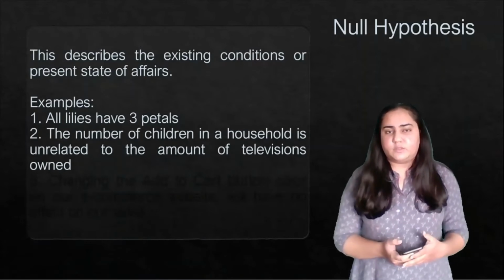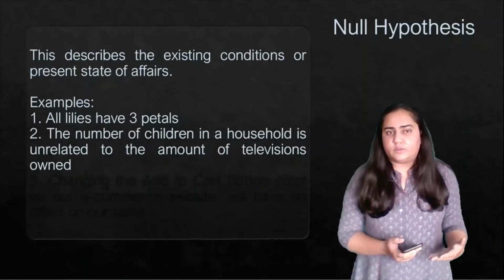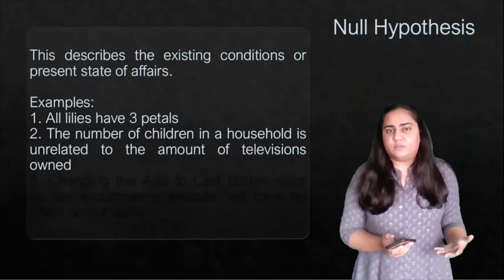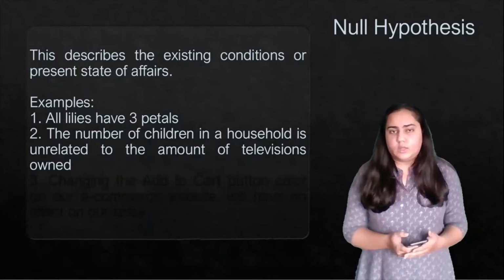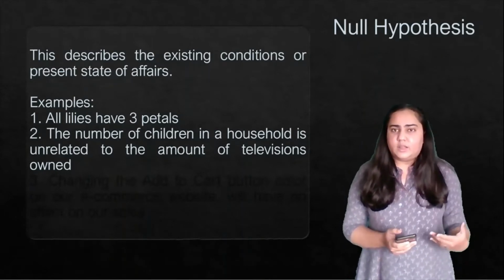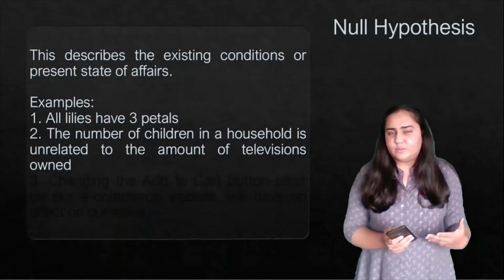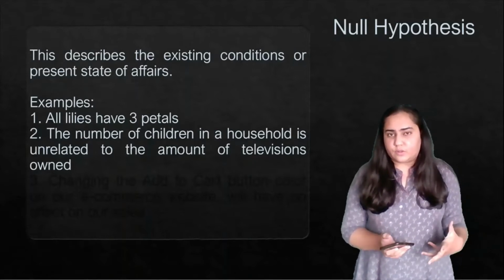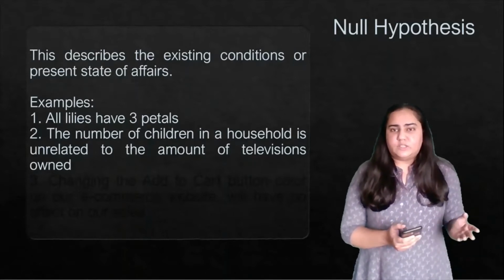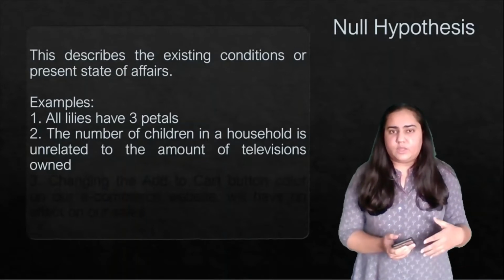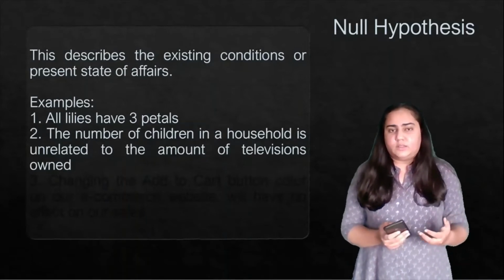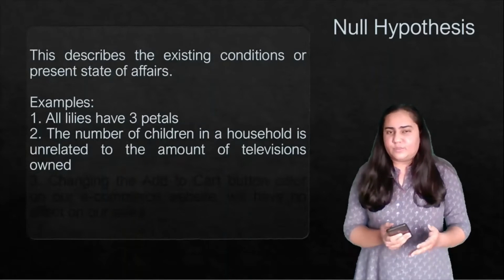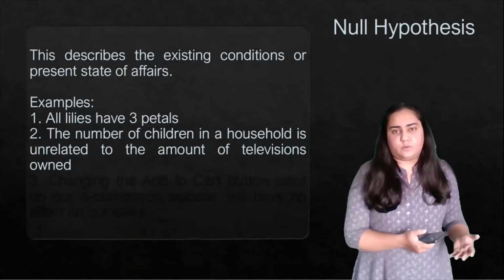The second example is, the number of children in a household is unrelated to the number of televisions owned. Again, this is a null hypothesis because it hasn't been proven true or false, but we are not trying to research this topic. We are trying to research the impact of the number of televisions in the household on the number of children.